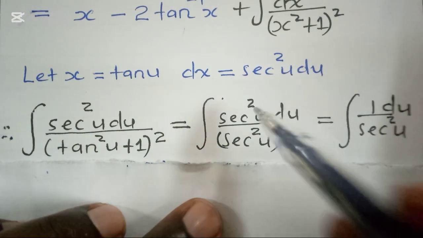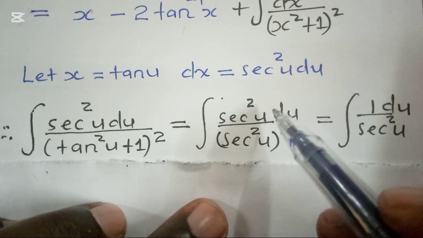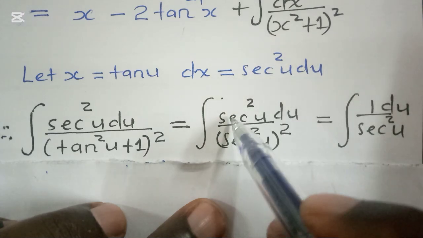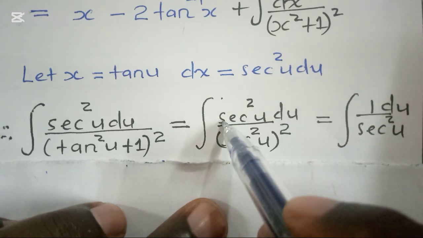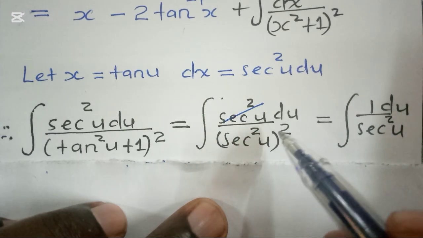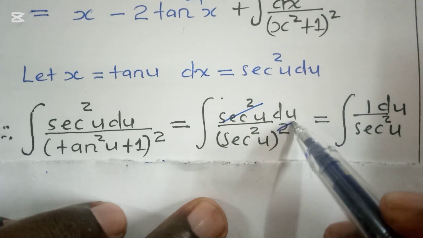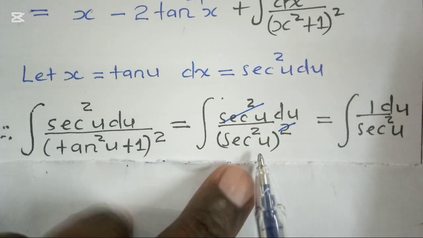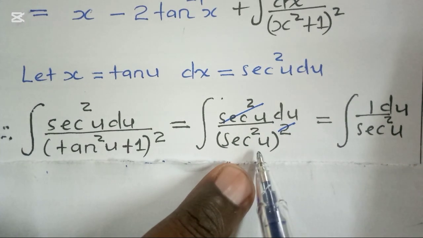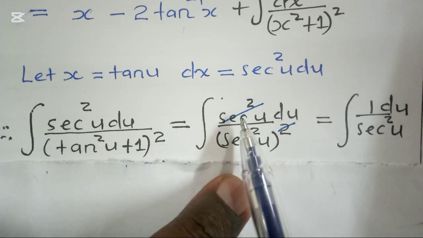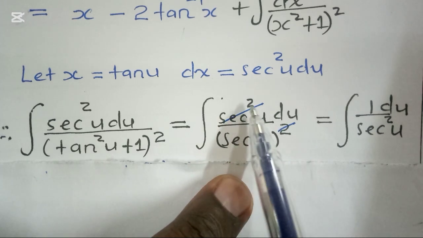From there we can cancel this sec squared u. Remember that this one is the same as sec raised to 4 u, and now we have sec squared u on top.